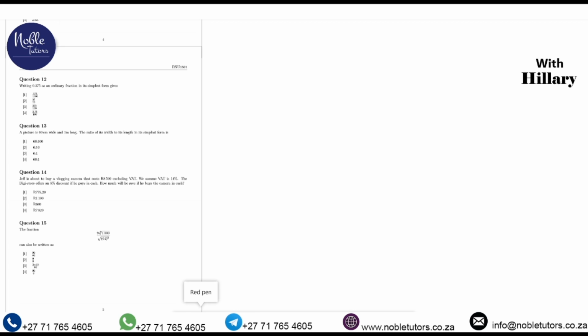So when you're formulating a ratio, they told us that a picture is 60 centimeters wide and 1 meter long. So it's 60 centimeters wide and 1 meter long. But now you can see that here it's in centimeters, here it's in meters.